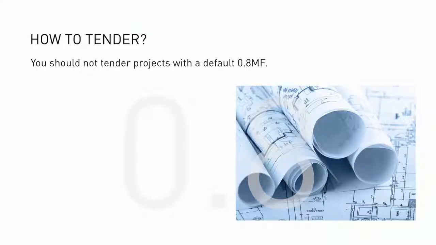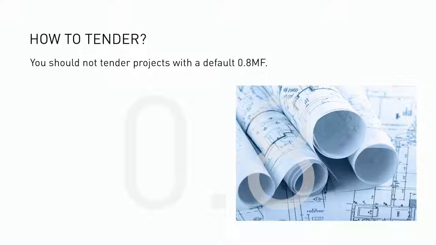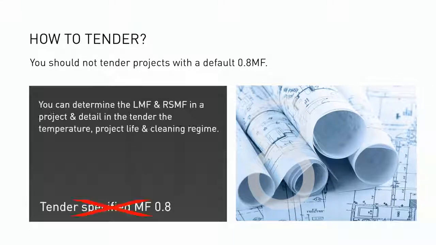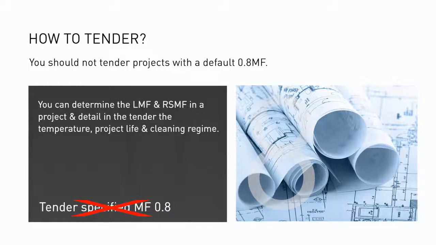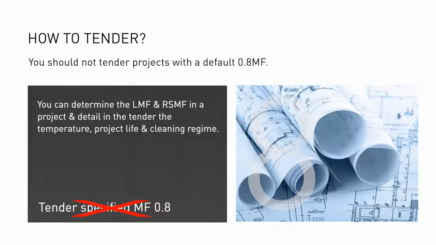So for example, we've already seen with the 4 factors, there are different areas where the information comes from. So with the LMF and the RSMF, in the project detail of the tender, with the temperature range and the project life that can be determined by the client in consultation with the consultant, you can actually put that information in the tender.